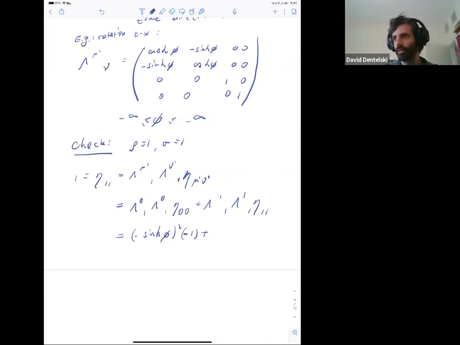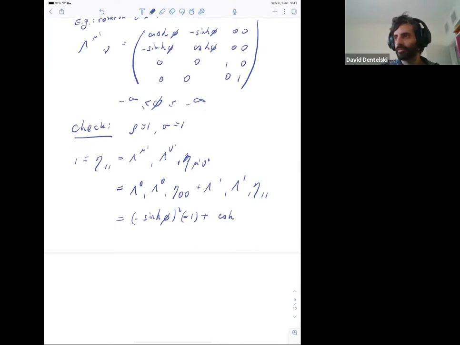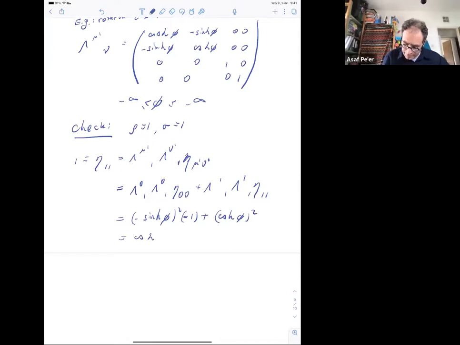Cosine hyperbolicus, in the same manner. Cosine hyperbolicus phi squared minus sine hyperbolicus phi squared, which is 1. Ta-da! Now we only did it for one component, but you have to actually check it for all the 16 components. And after you do it, you see that I was right, and this is indeed a legitimate Lorentz transformation.